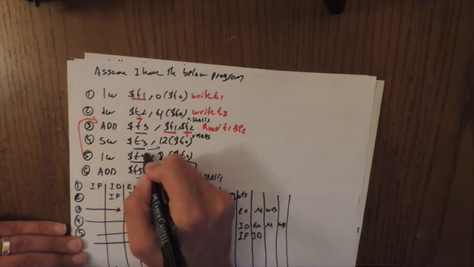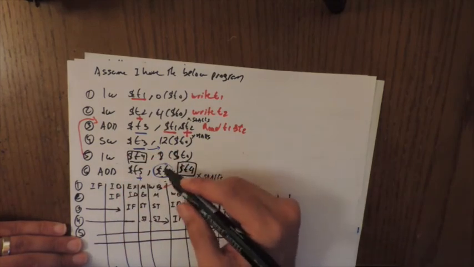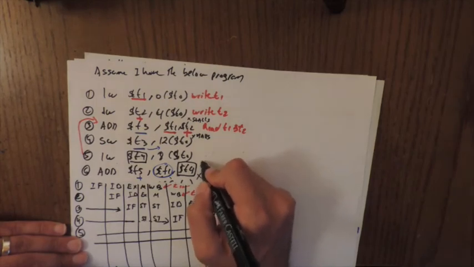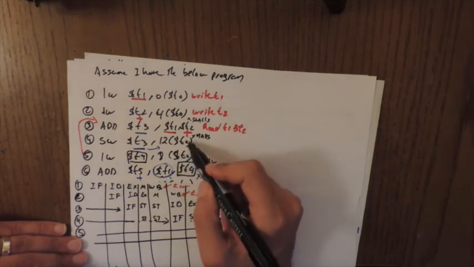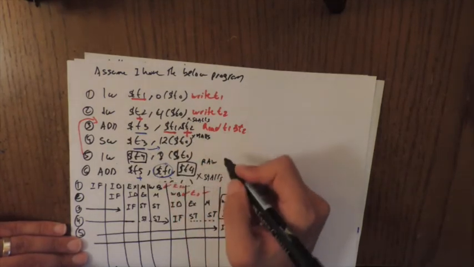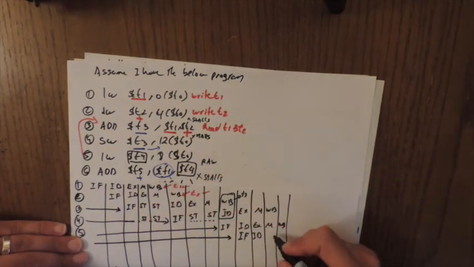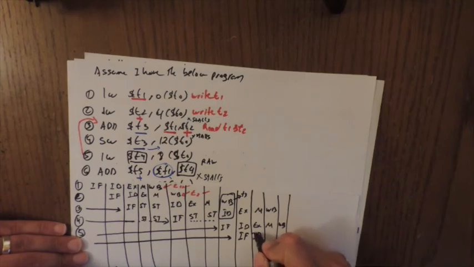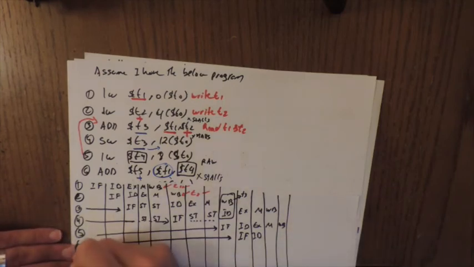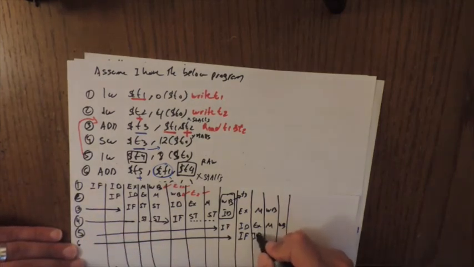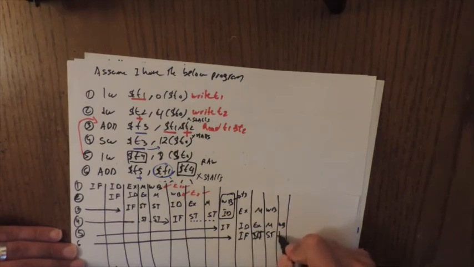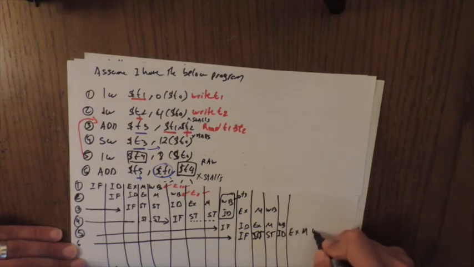We notice here also that we have a dependency. This is also a read after write dependency because we're loading a value in T4 and this requires a stall. So T4 here and there, so we need to have, this is 6, I cannot write ID directly, I need to have a stall, then ID, EX, memory, and write back.